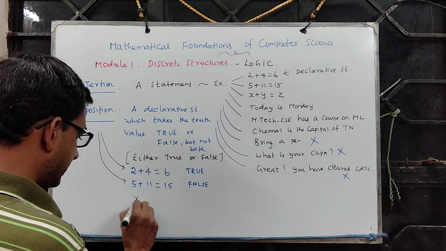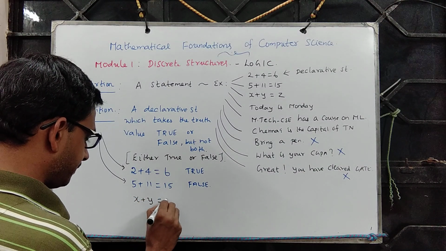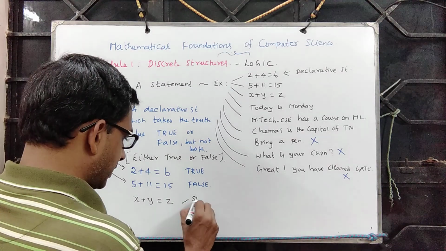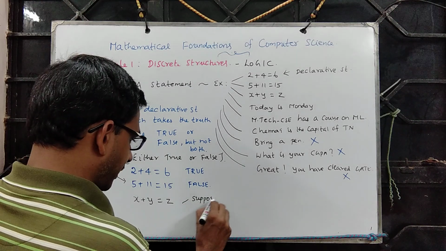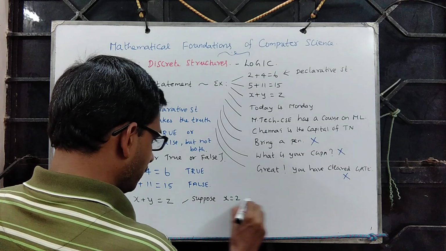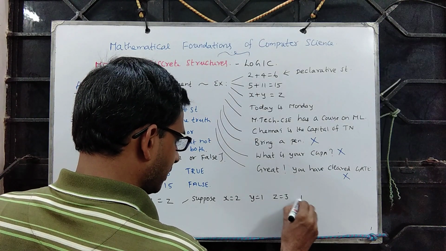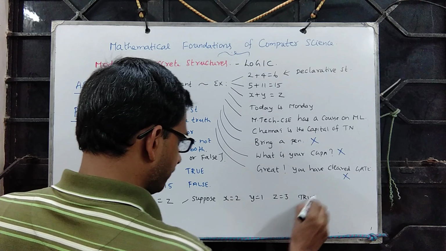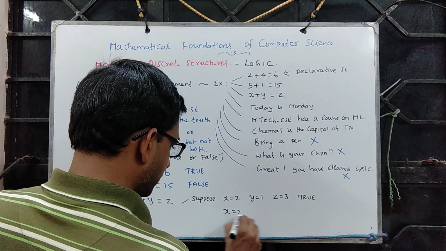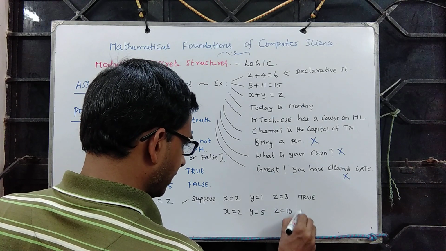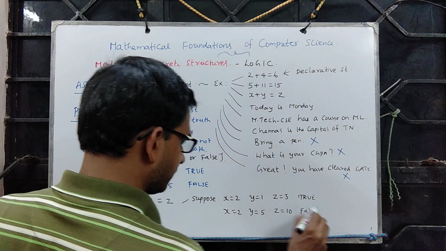But look at a statement like this. Suppose x is 2, y is 1 and z is 3, then it is true. Suppose x is 2 and y is 5 and z is 10, it is false.